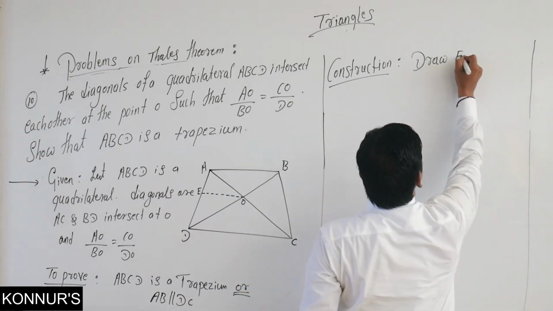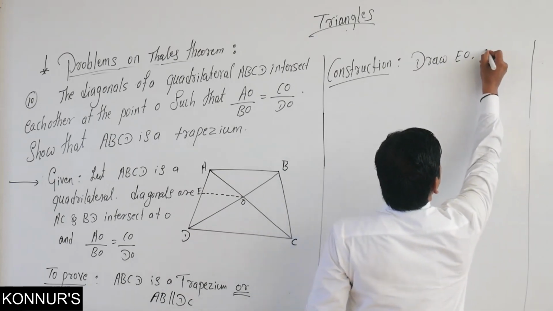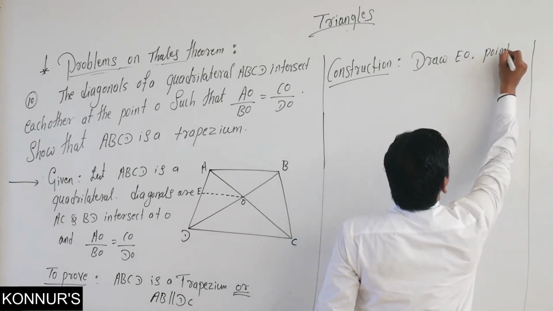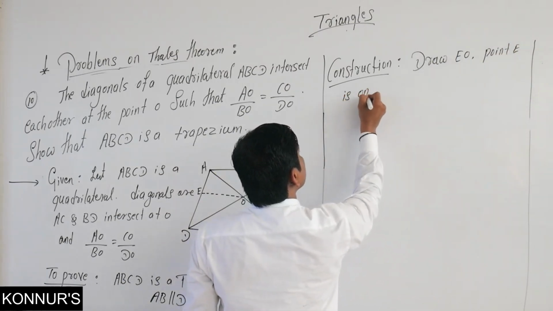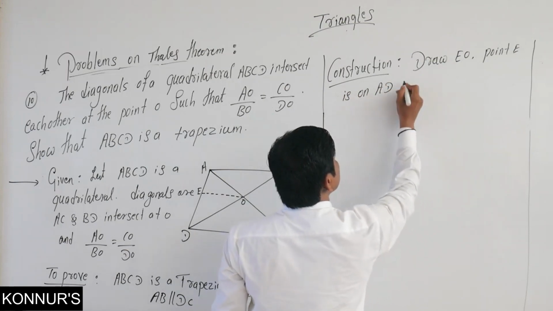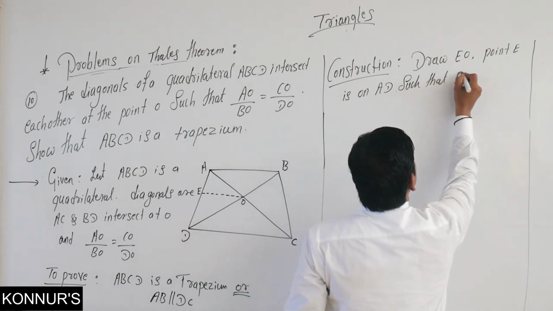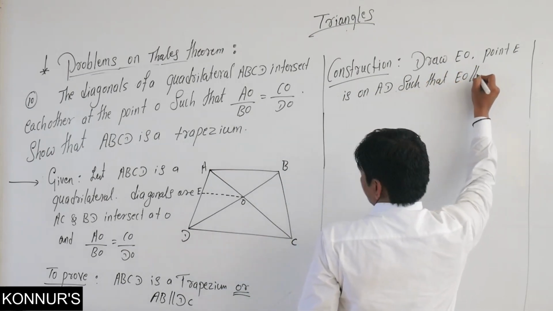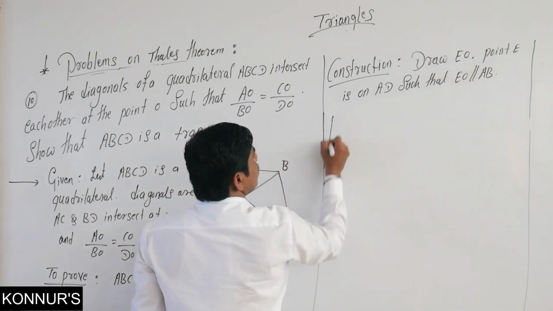Draw EO, point E is on AD such that EO is parallel to AB.